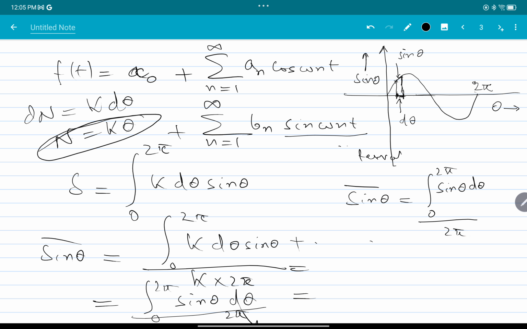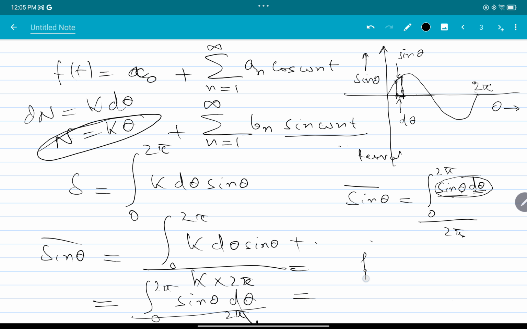We take one value of sine theta multiplied by d theta, that gives us a sum of a few values of sine theta in a small segment of this graph. This is a small sum of sine theta, and then we integrate that small sum from 0 to 2 pi to get the full sum, and divide that by the number of these values. That depends upon the interval, that is 2 pi. This is how we calculate average.